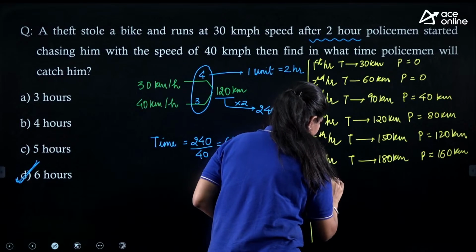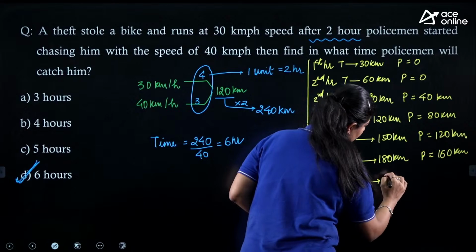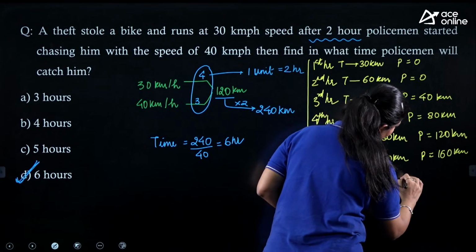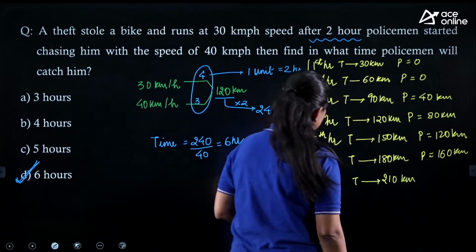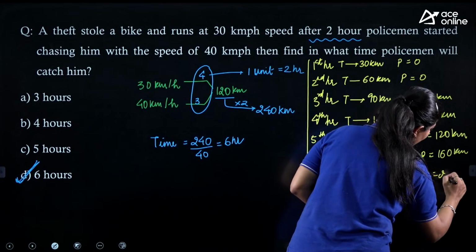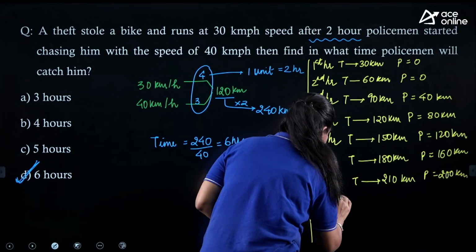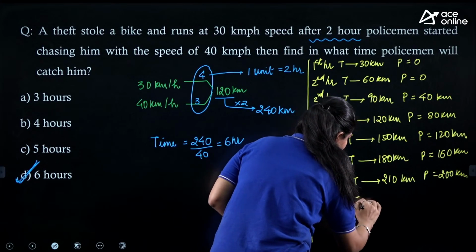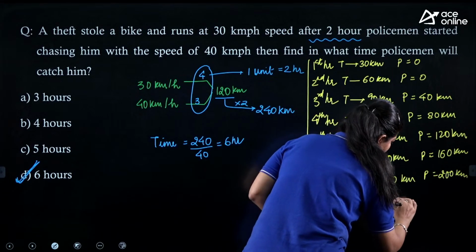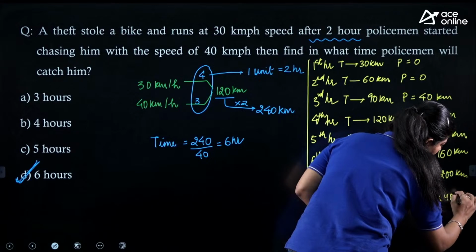Seventh hour, thief 210 kilometers, right? And the police with 200 kilometers. Now in the eighth hour, thief 240 kilometers and police is also at 240 kilometers.